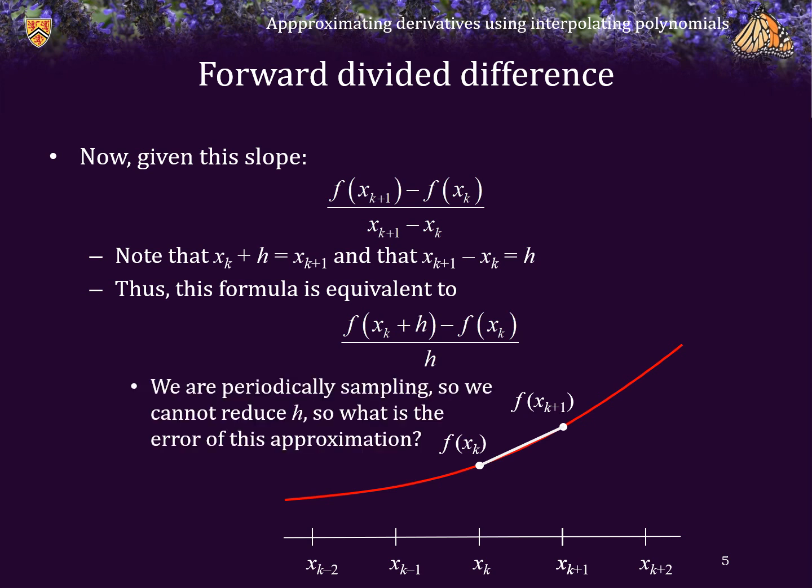However, unfortunately, we're periodically sampling data, so we cannot reduce h, at least not by too much. So instead, we only have a finite approximation of the derivative. So what is the error of this approximation? We have the slope of an interpolating polynomial. How closely does that approximate the slope of the function at x sub k?